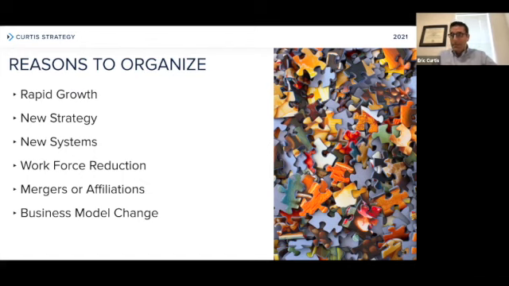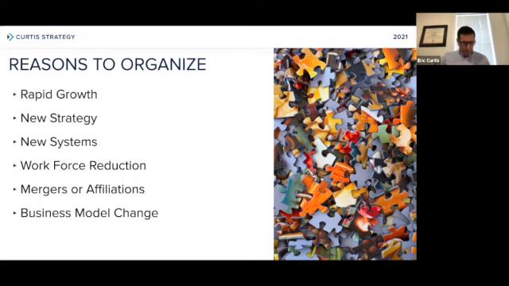Or perhaps some organizations are considering mergers and affiliations, and after that deal is transacted, there's always a discussion around, well, how do we integrate, right? And that becomes a big opportunity to get things right. Or your business model is changing due to technology, whether you've been pushed to a virtual model for certain levels of care, and that has an impact on how you're designed and the different roles that may be needed at the table.